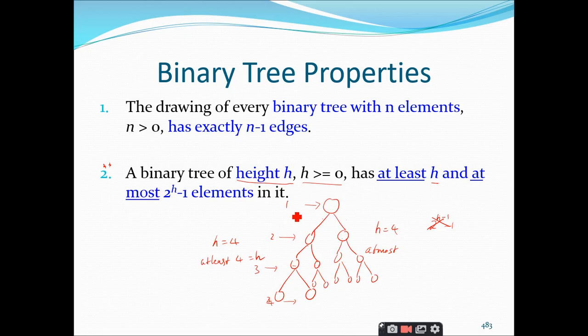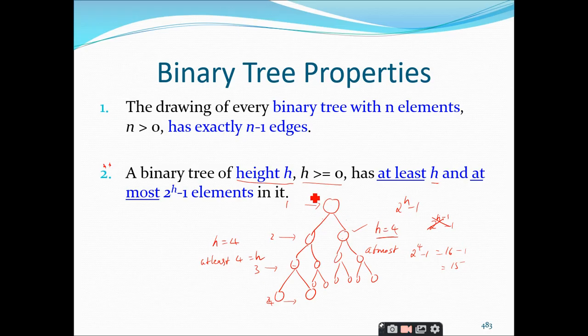So if a binary tree has height equal to h, then at most it can have 2 power h minus 1 nodes. So in this example my h is equal to 4, so the maximum number of nodes it can have is 2 power 4 minus 1, that is 16 minus 1, that is 15, right? Is it clear?